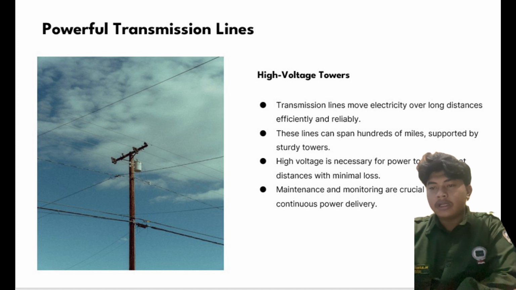High voltage is necessary for power to travel great distances with minimal loss. Maintenance and monitoring are crucial to ensure continuous power delivery.